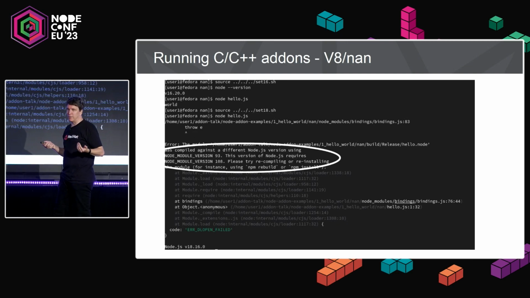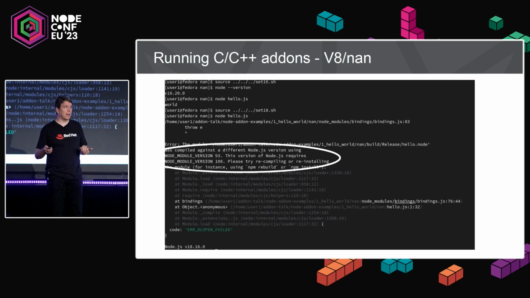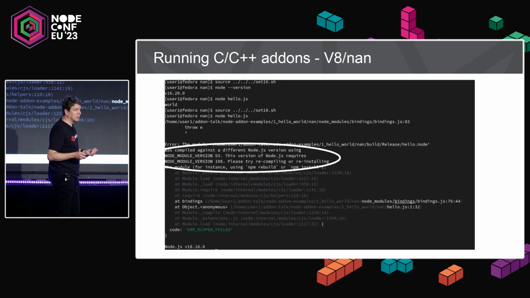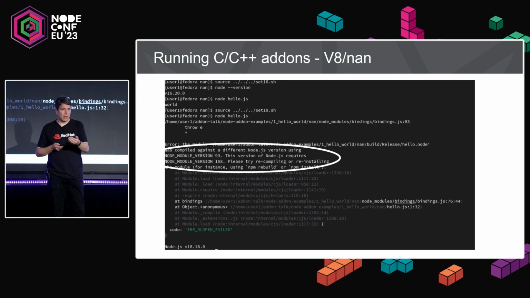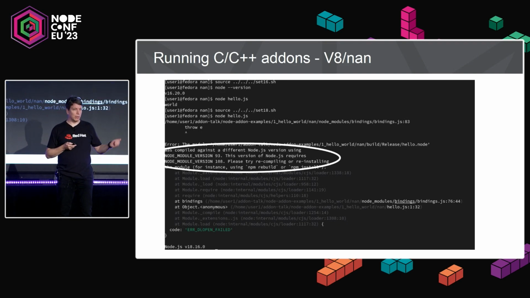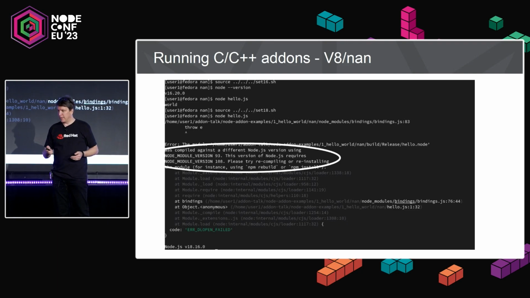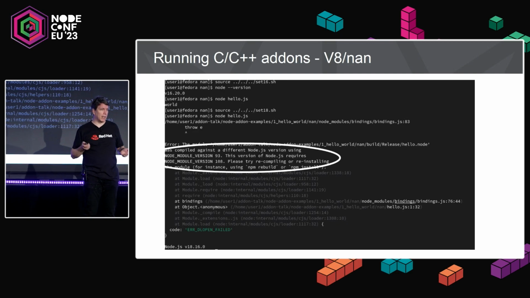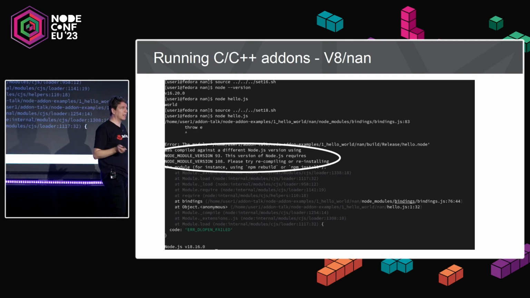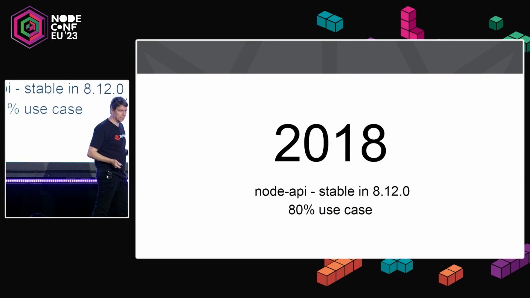So effectively it means every time there's a new version of Node, you're going to have to recompile your native add-ons. Otherwise, they're not going to work. In this case, you can see I have compiled and installed my add-on with a particular version of Node. I then will run a script to set a different version of Node, and I get this error saying, oh, wait a sec, you're going to have to recompile your native add-ons.